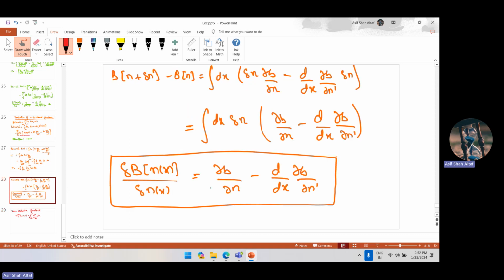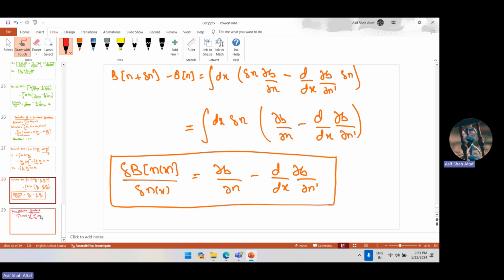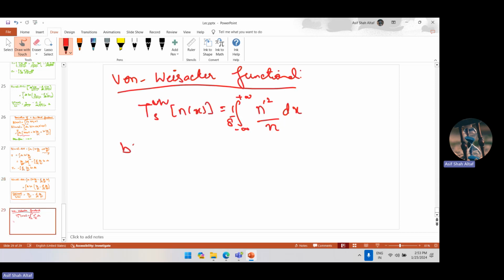So we will just use this formula. Let's see how we can use this formula to calculate the functional derivative for this kinetic energy functional. So what we need is, first of all, B of n, n dash. Let's identify it. So our B of n and n dash is nothing but this thing.